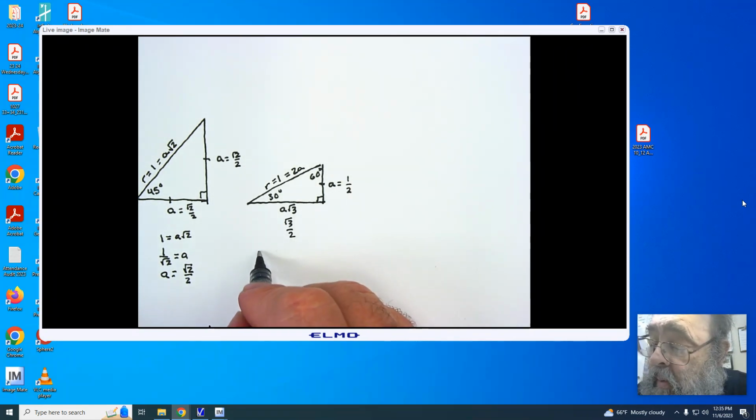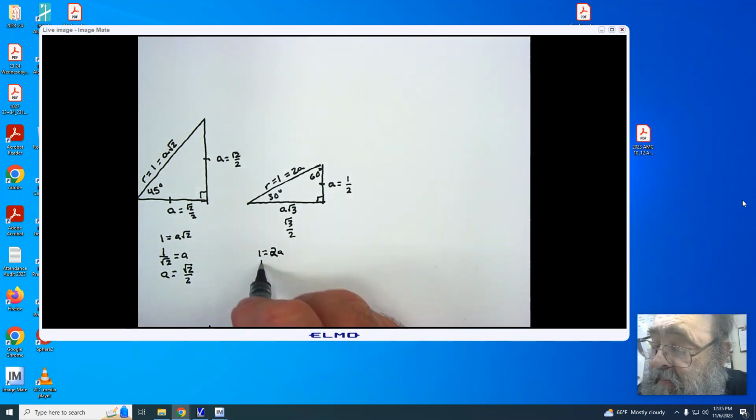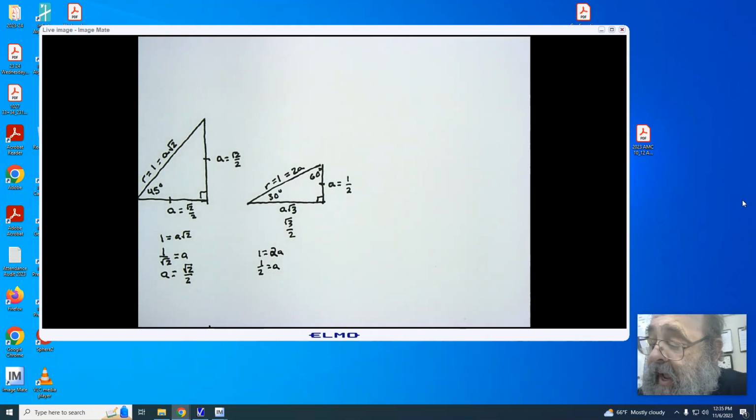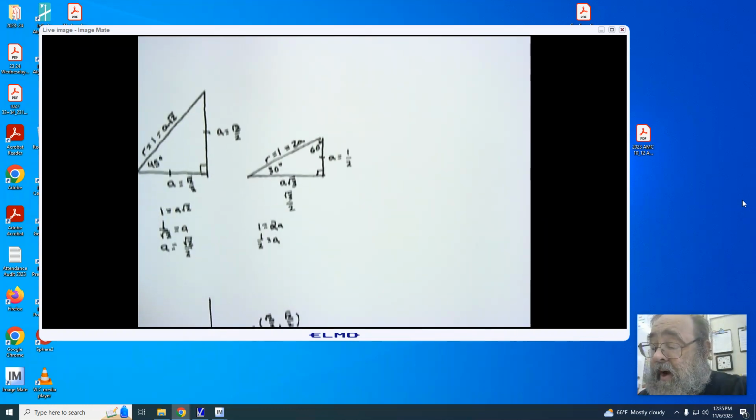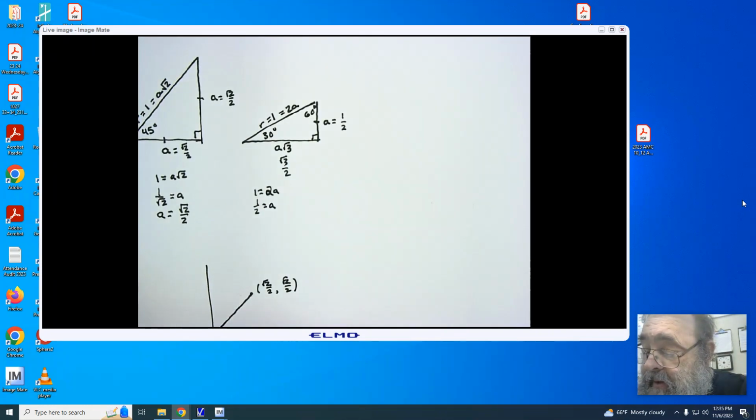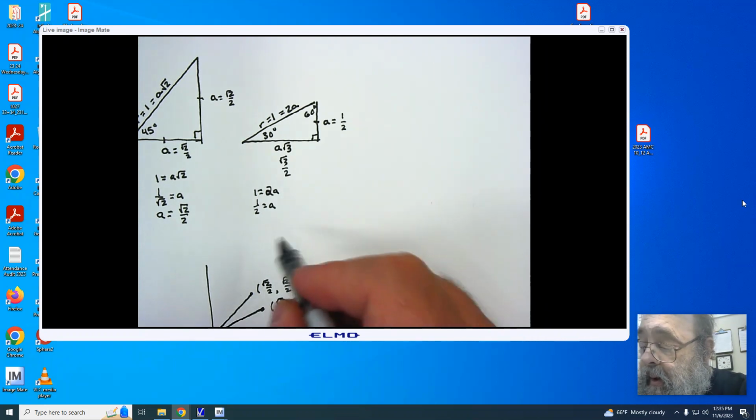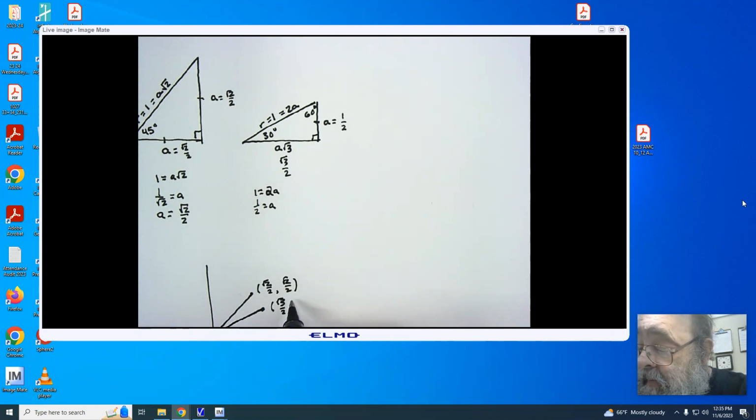That's because 1 equaling 2a is going to give me 1/2 equaling a. And then I can just put them in to find it. That means that a smaller angle going right here on my unit circle now has a length of x that is root 3 over 2 and a height of y that is 1/2.